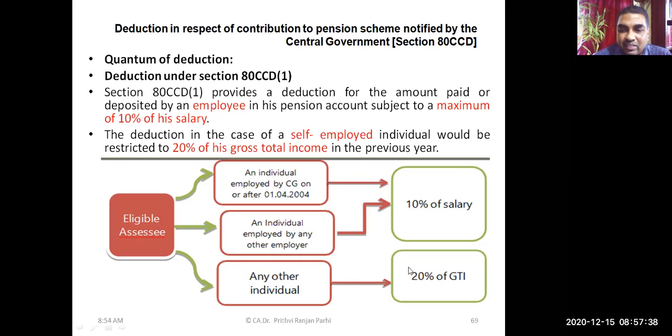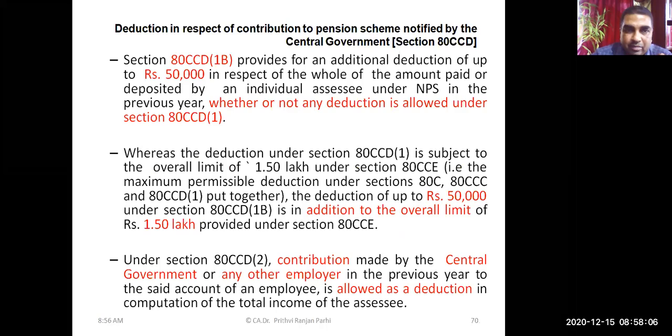Any other individual can contribute up to 20% of the salary. So the scheme is open to central government employees, other employees, and also non-employees or self-employed. This much money can be contributed and claimed as deduction under section 80CCD. Are you understanding? Yes, sir.